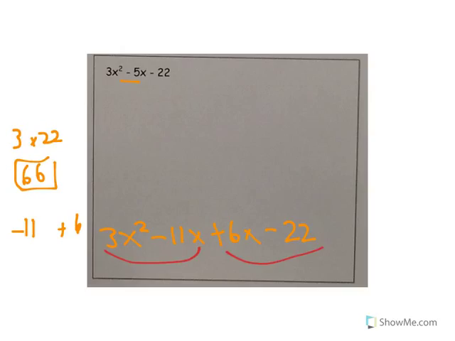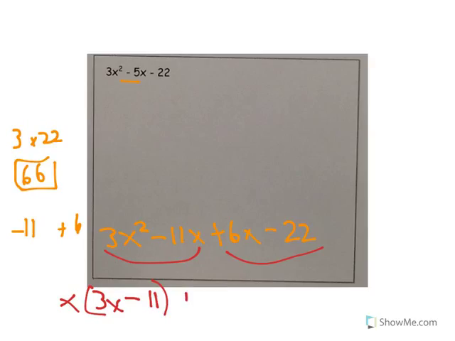So let's see what happens here. When I do that, I end up with 3x. Actually, I don't even have 3x. Let me correct that. It's actually just going to be x, because I'm going to be left with 3x minus 11 then. So that's the first part.